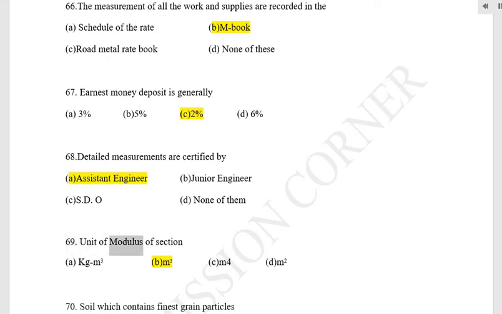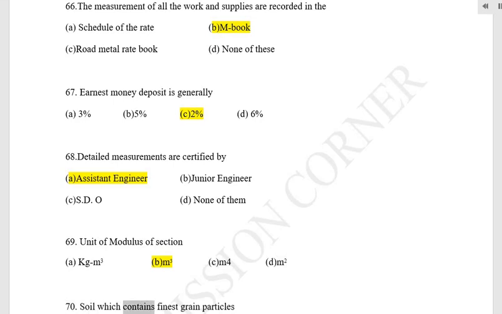69. Unit of modulus of section: A. kg/m3, B. m3, C. m4, D. m2. 70.